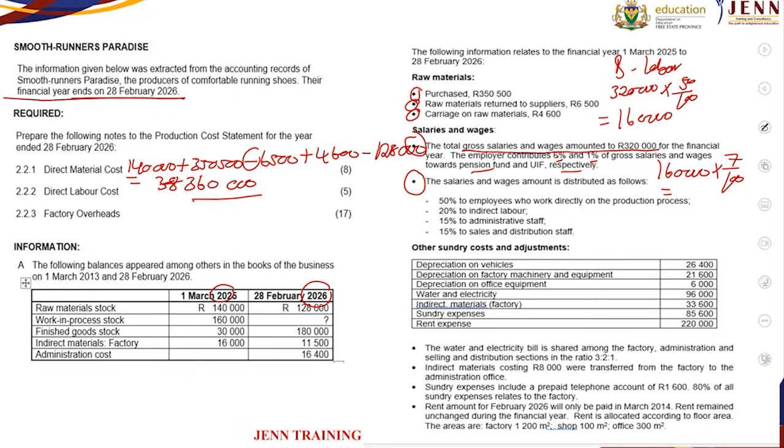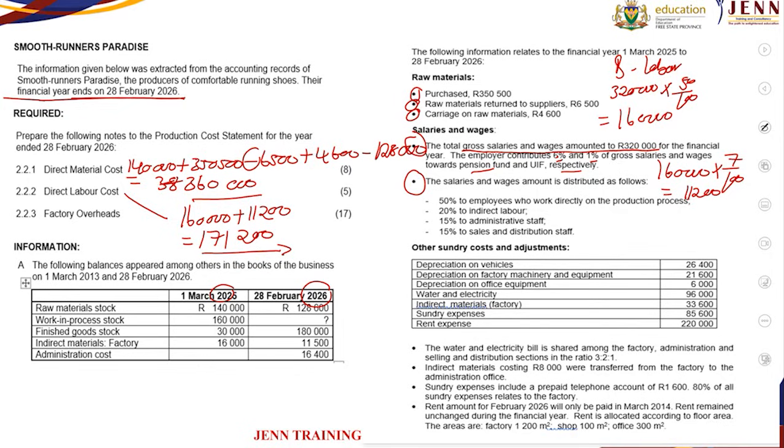It means we are going to contribute 11,200. Now, to get our direct labor cost, we say 160,000 plus the employer's contribution, which is 11,200. Now, our direct labor cost will add up to 171,200. So this is how you are supposed to get your direct labor cost.